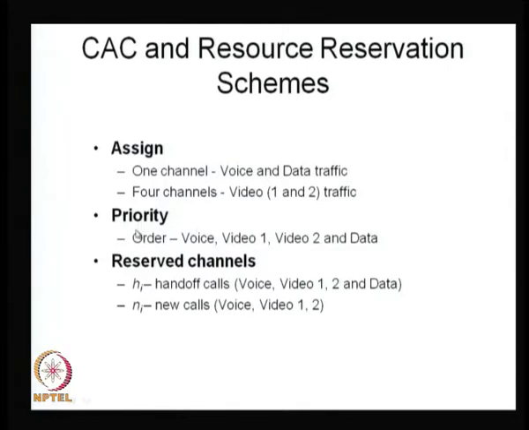And since the priority is there, we are reserving HI channels for the handoff calls in this order, and NI channels are reserved for the new calls of voice and video 1 and 2, and there is no reservation for the new data traffic calls.